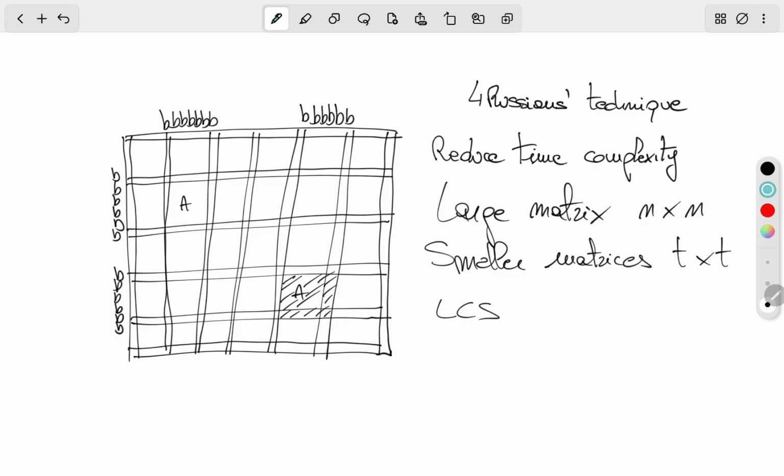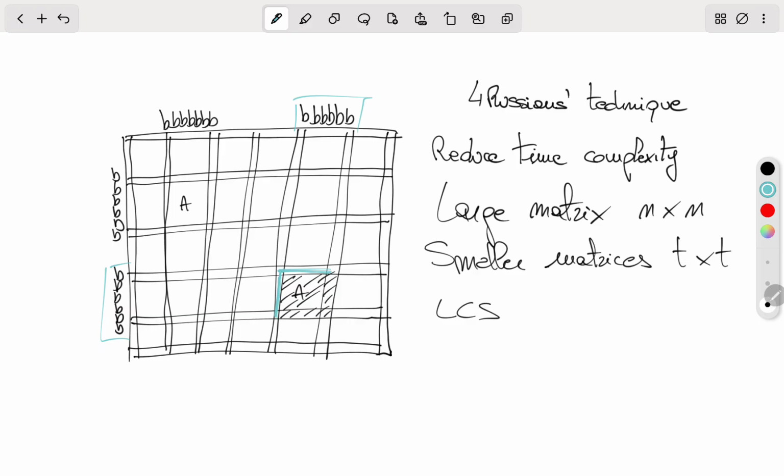So we know for sure that the entire t by t submatrices are identical if the first row, the first column, and the characters are the same in both cases.